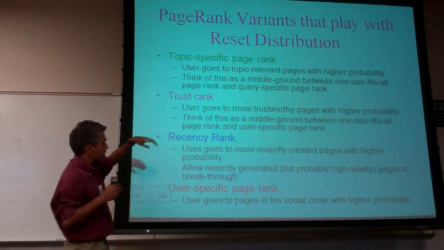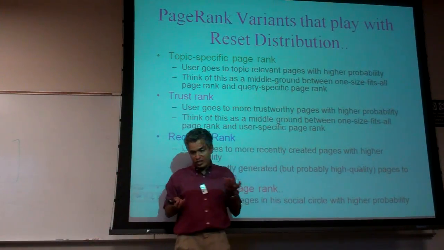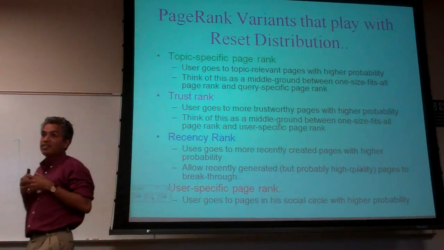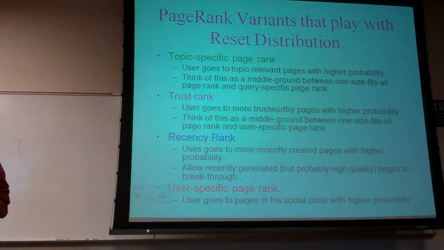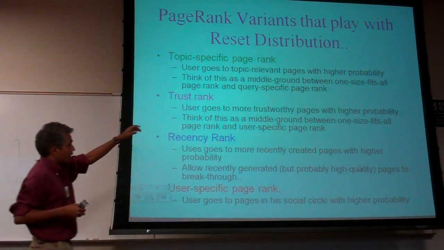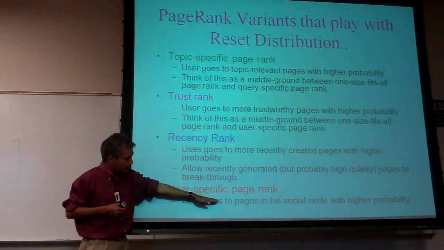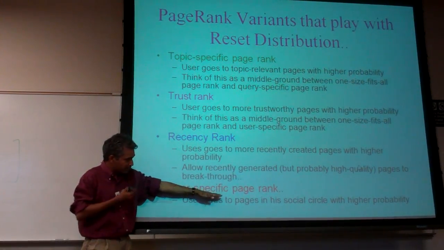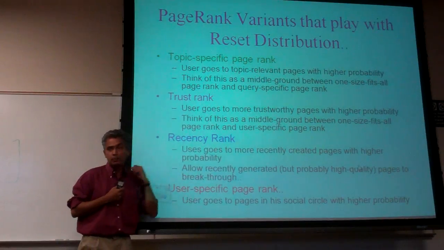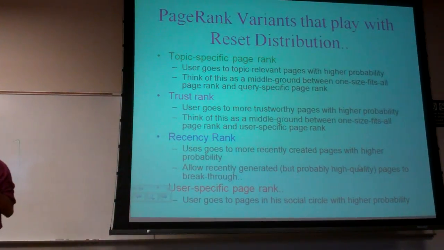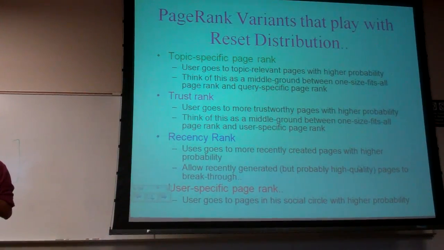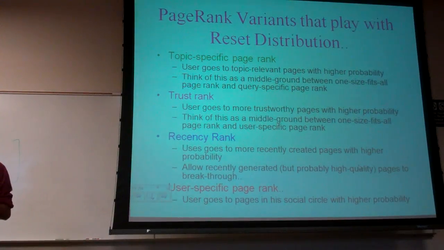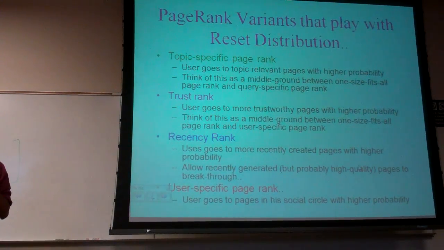So the question then is, can we actually differentiate sources based on their trustworthiness? The most extreme case for that is user-specific PageRank. Everybody has their own trustworthy pages, so really there should be a separate reset matrix for everybody. You'll have a personal PageRank, and you deserve it really.